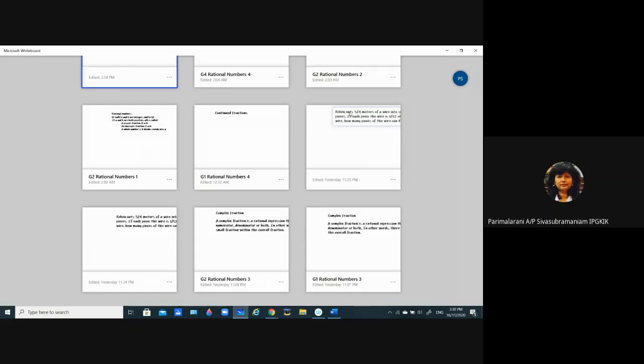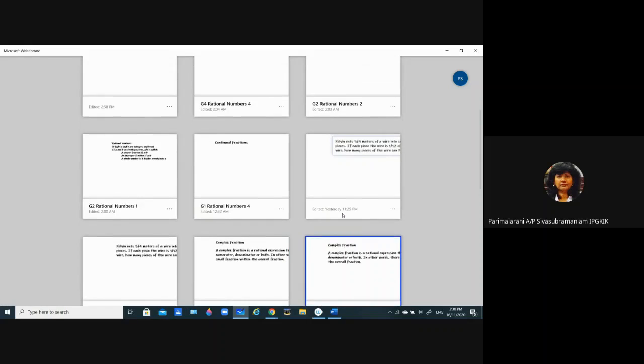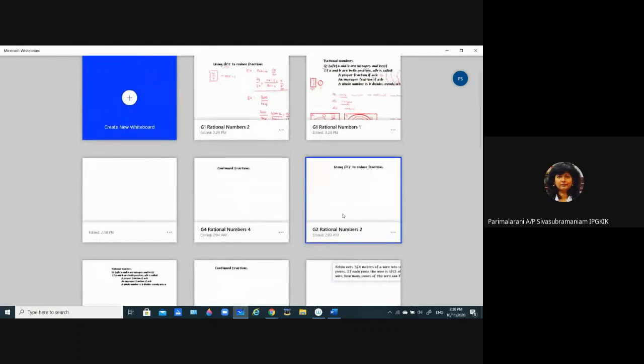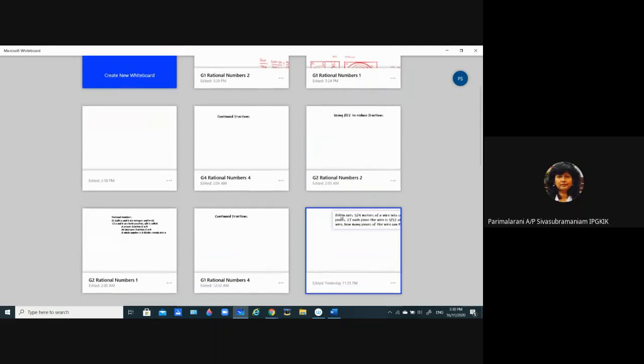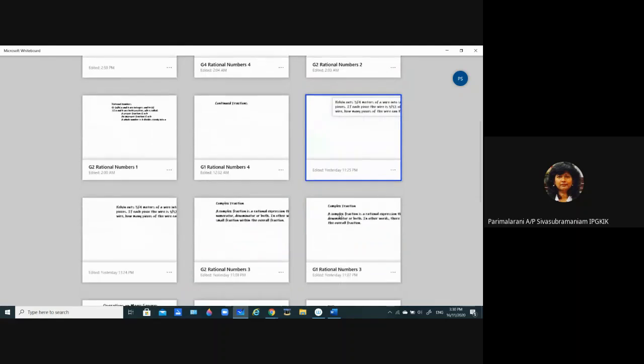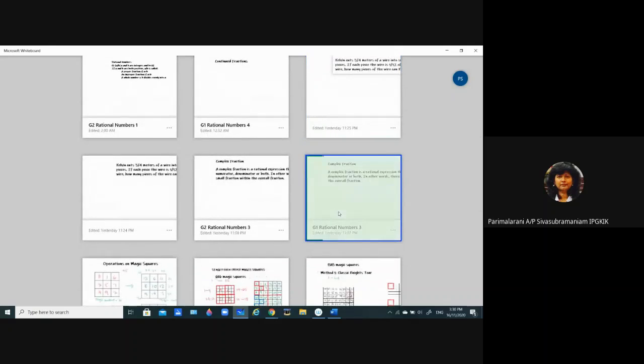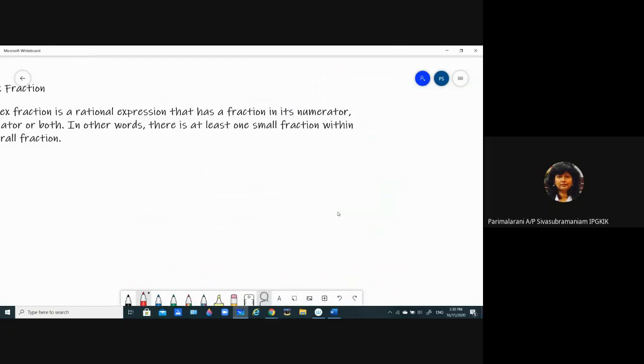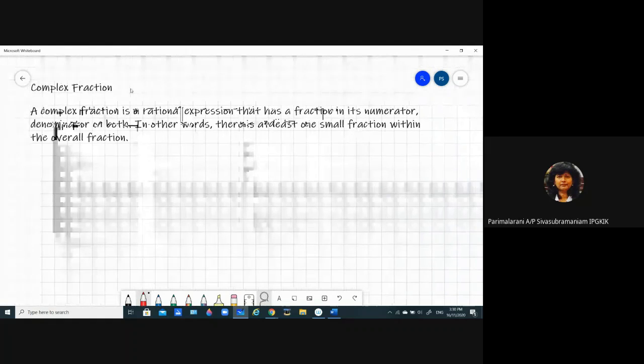Okay, so next subtopic that we are going to look at is complex fractions.